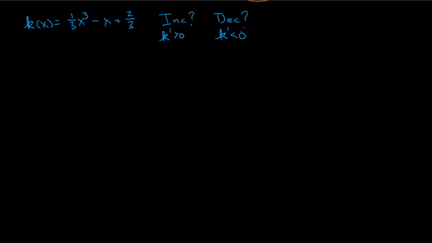Well, what this means is we first need to compute the derivative. And the derivative here is going to be the 3 times the 1/3 is just going to give me x squared minus 1. Okay, so we have this.